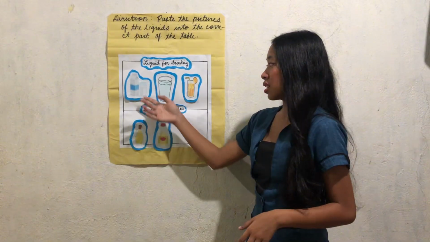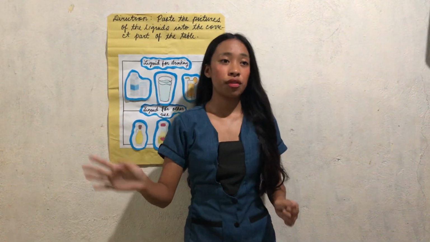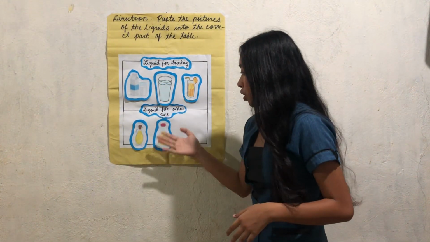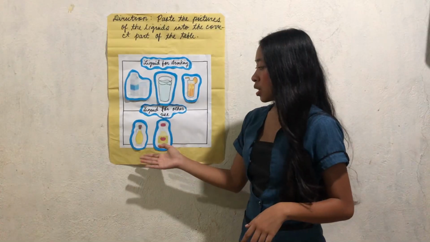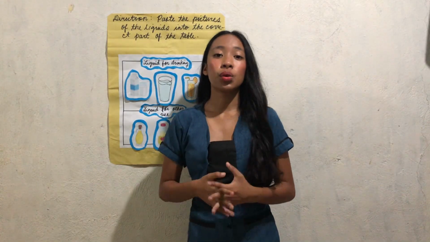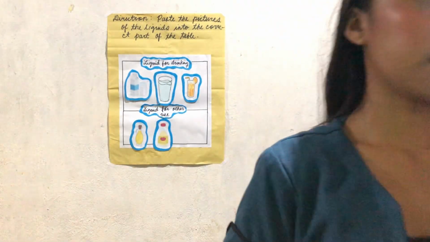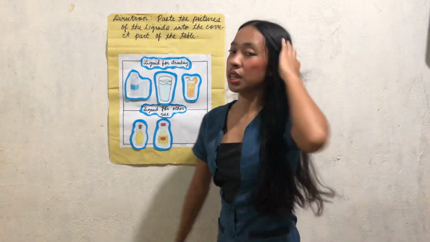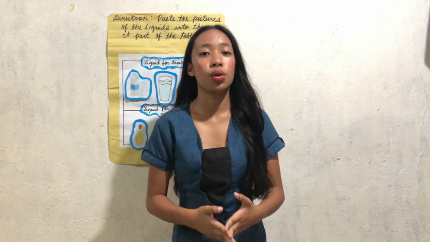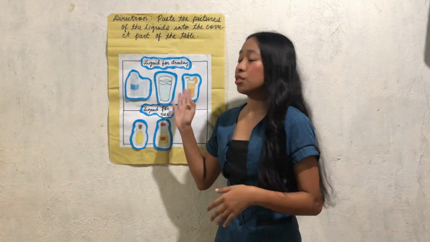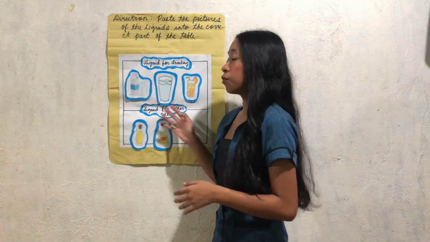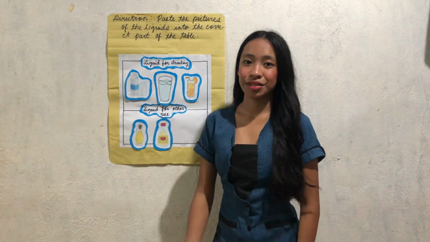Liquids for drinking are safe, while the others are for cooking. Why is it important to know which liquids we can drink? It is important because it keeps us safe from drinking harmful drinks.